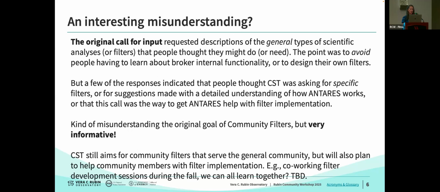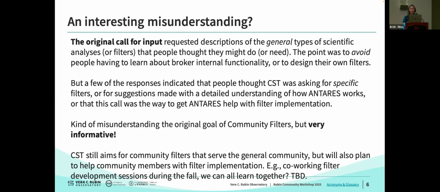I wanted to bring to light that this call revealed what I call an interesting misunderstanding, but no one was really wrong. In our original call for input, we requested descriptions of general scientific analyses that people thought they might need to do. The whole point of community filters was to avoid people having to learn about broker internal functionality, and avoid them having to design and write their own filters.